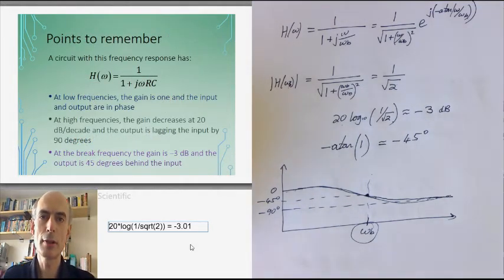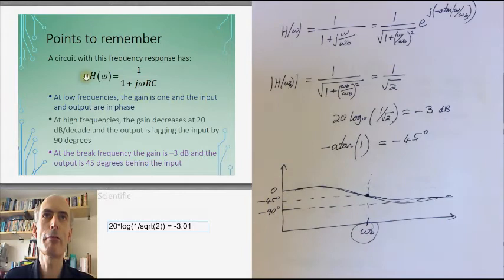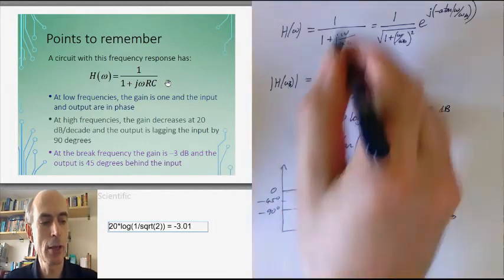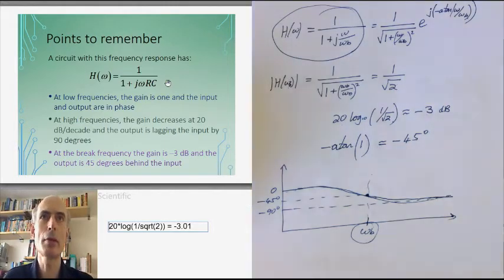And these limiting cases and the case at the break frequency are useful things to know. If you have a circuit with this type of frequency response, which could be written in terms of the break frequency in this form here, then at low frequencies, the gain is 1 or 0 dBs, and the input and the output are in phase. The phase difference is 0.